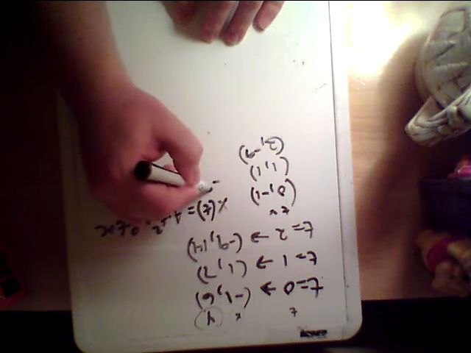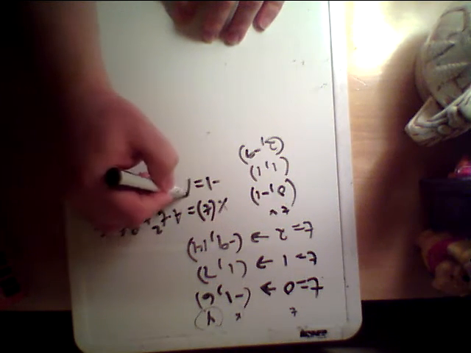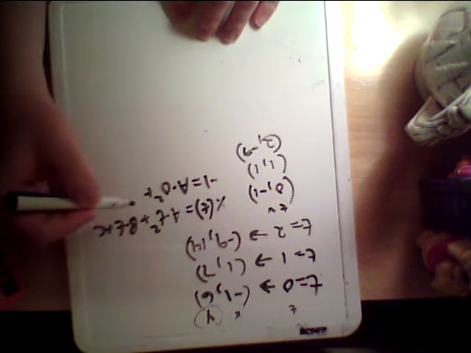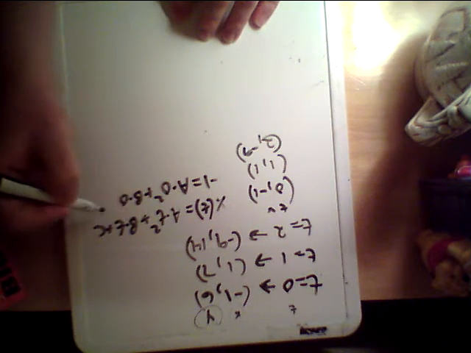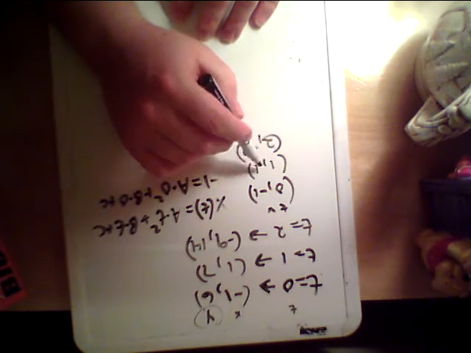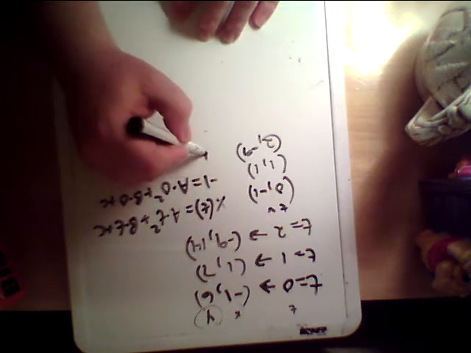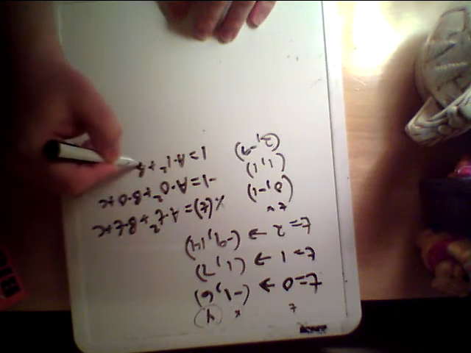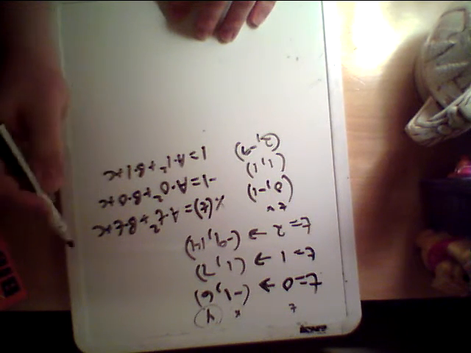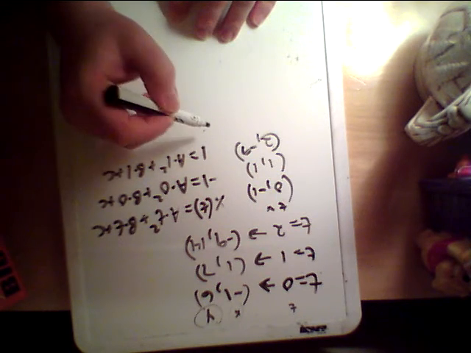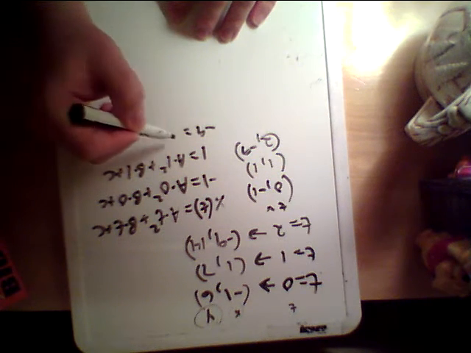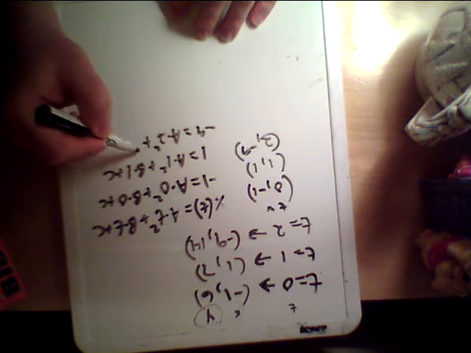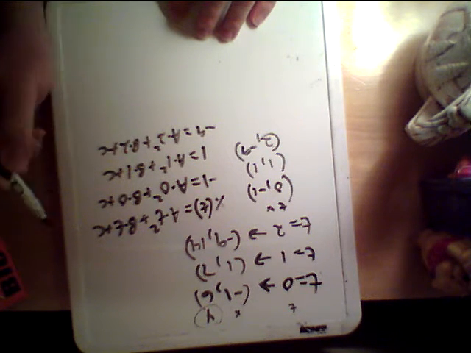So we have -1 equals a times 0 squared plus b times 0 plus c. Second pair, 1 was the result of 1, so we get 1 equals a times 1 squared plus b times 1 plus c. And for our third pair, we get -9 was the result of a times 2 squared plus b times 2 plus c.